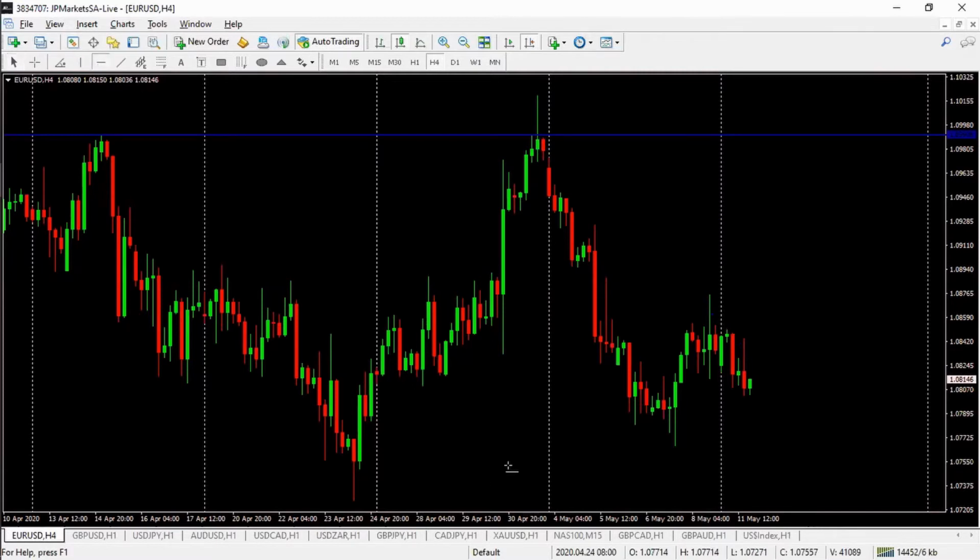So as it's been creating lower lows and lower highs, a lower low, a little bit of a lower high, then a lower low, then it came back and made a lower high.